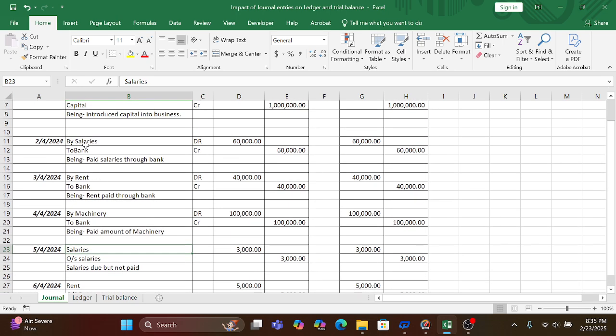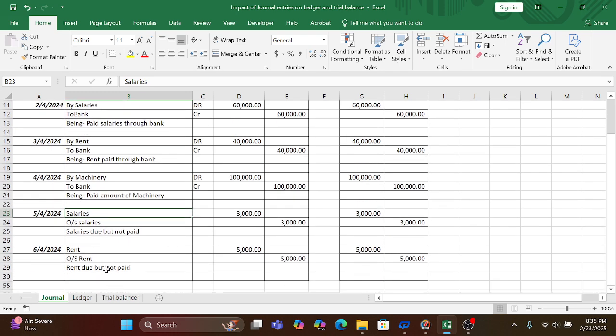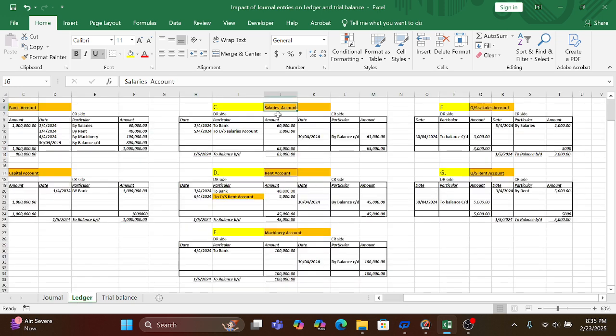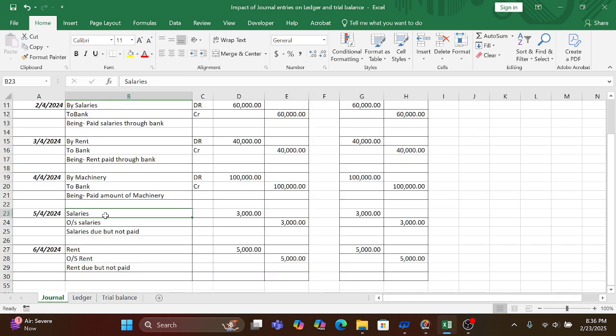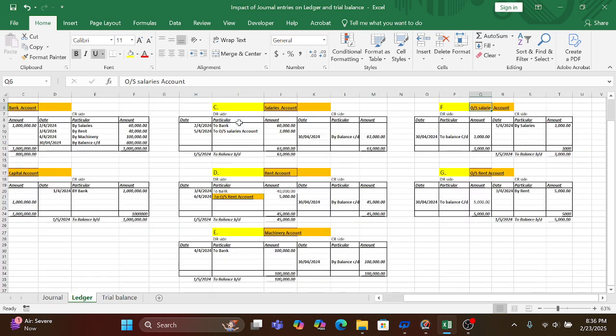Before, I have paid the salary 60,000, and here the balance is outstanding, so we don't need to prepare the salary account again, but we need to prepare the outstanding salary account, because salary account and outstanding salary account are different. Salary account is an expense account and outstanding salary account is a liability account. If you see salary account debit, that is 3,000 to outstanding salary.